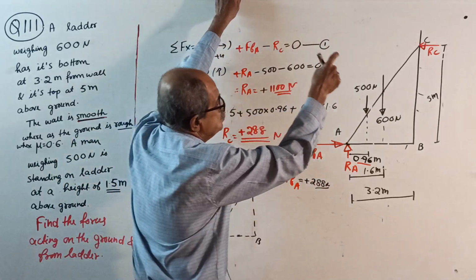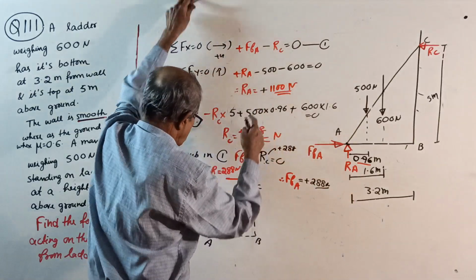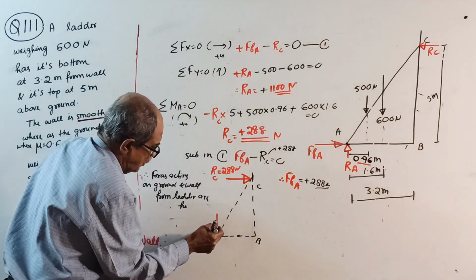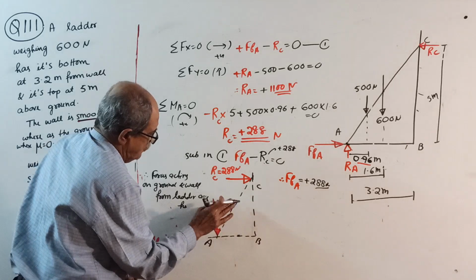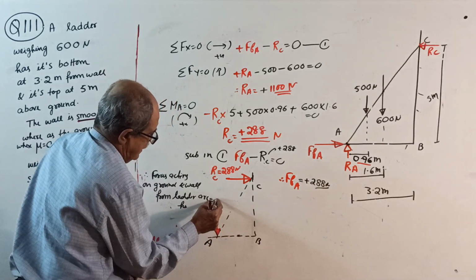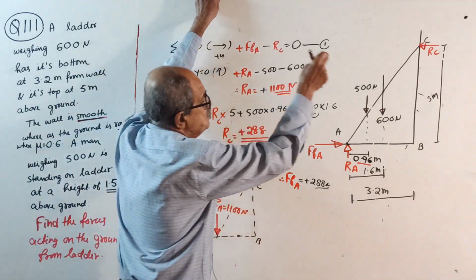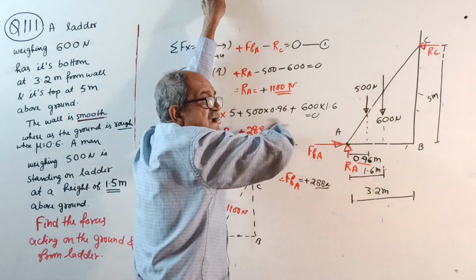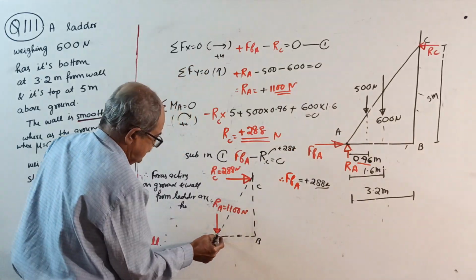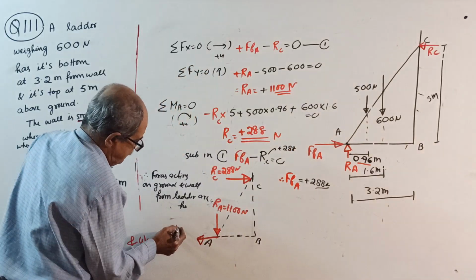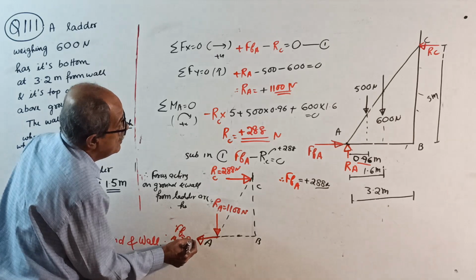And to the ladder from the ground, an upward reaction RA of 1100 Newton, so the ladder will press the ground down by 1100 Newton. Then to the ladder from the ground, right side friction this way, means the ladder will rub this way, a frictional force like this, FF at A equal to 288 Newton.